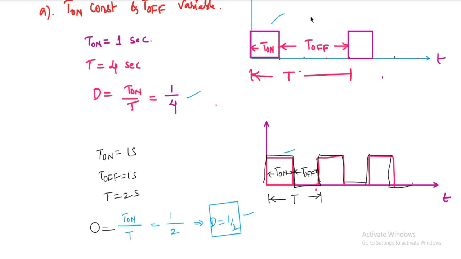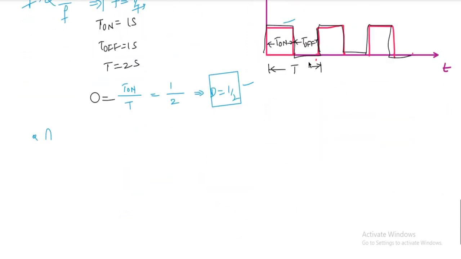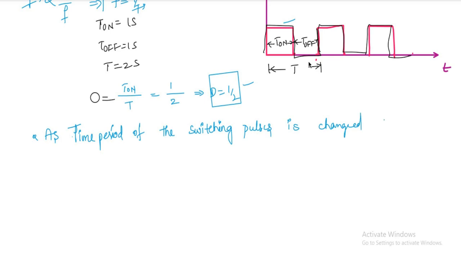As we are changing the time period, what is the frequency? That is 1 by T, or f equal to 1 by T. So if T is changed, f will be changed. That is why it is called variable frequency method. As the time period of the switching pulses is changed, the frequency, what is the frequency called?